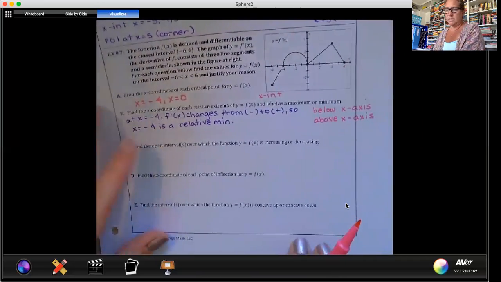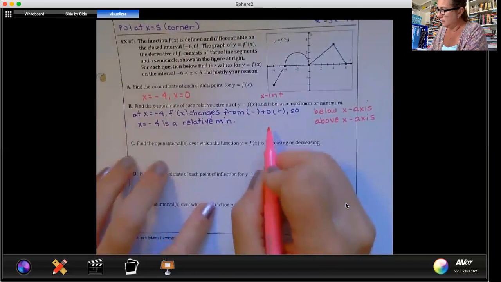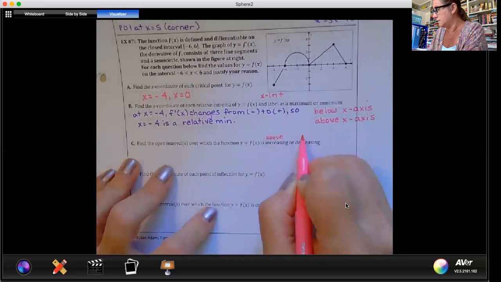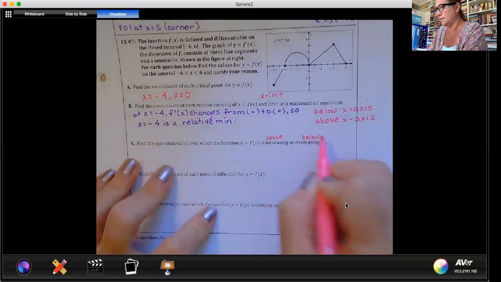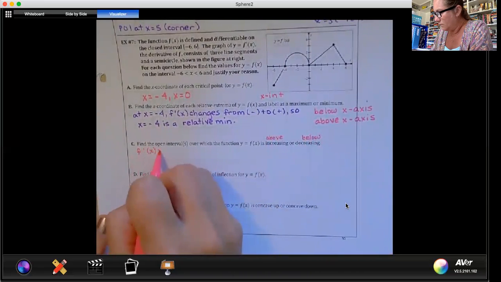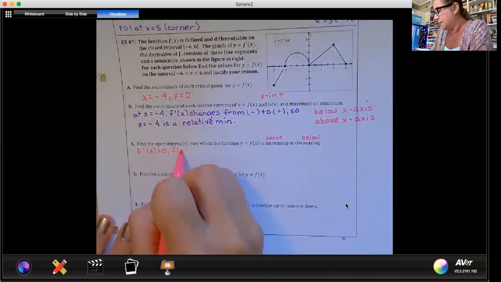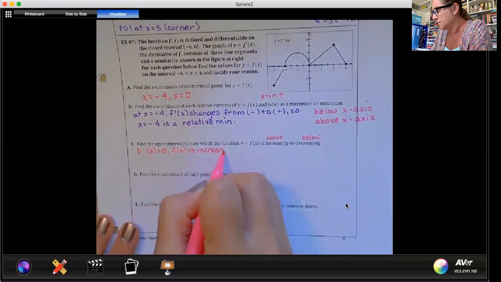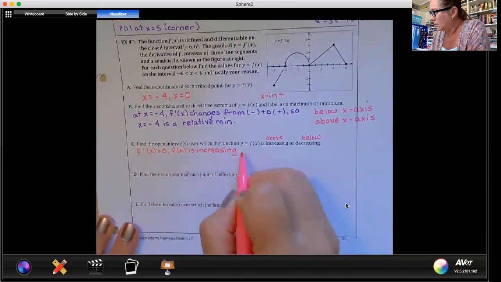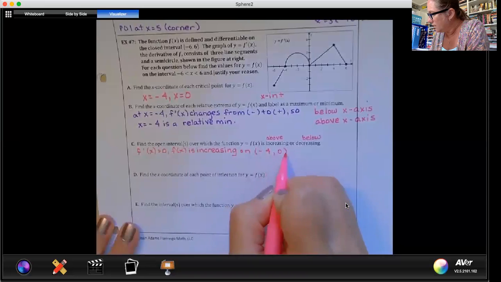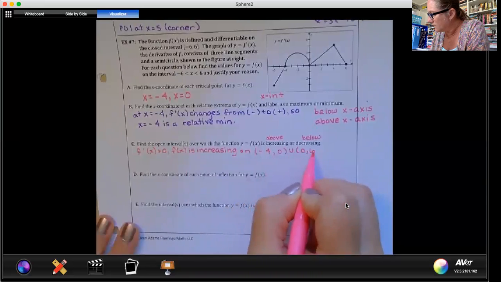Find where it's increasing or decreasing. Increasing is going to be above the x-axis and decreasing is going to be below the x-axis. So f prime of x is greater than 0 means f of x is increasing on -4 to 0 and from 0 to 6.